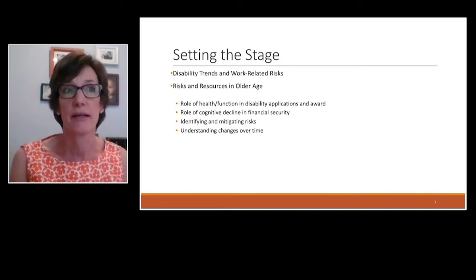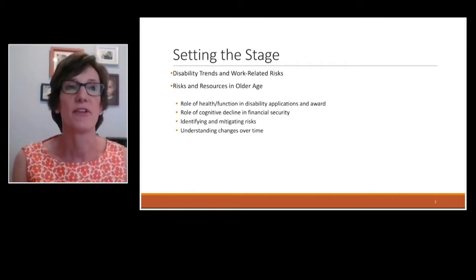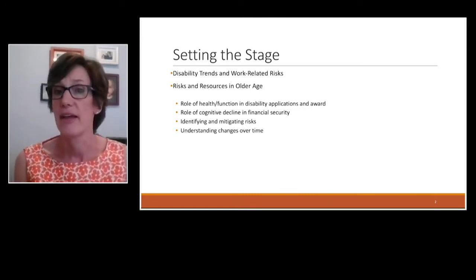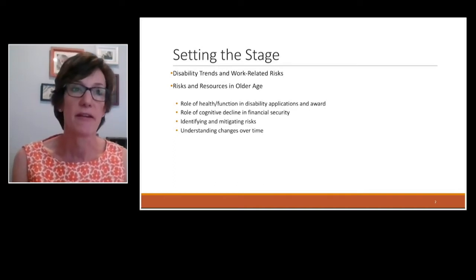We're especially interested in understanding the needs of vulnerable populations, such as individuals with lower or diminished cognitive abilities, and thinking about how programs and policies can best support people in different financial environments. So for SSA, we certainly have policies on representative payees that can help people who need assistance in managing their benefits, but it really goes far beyond that.